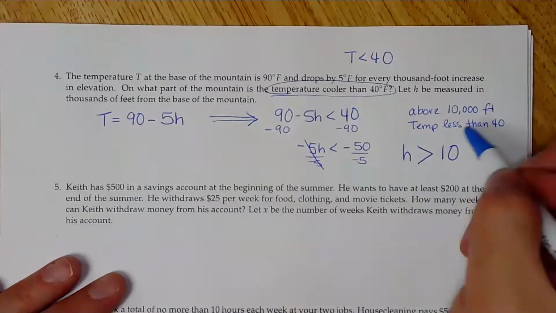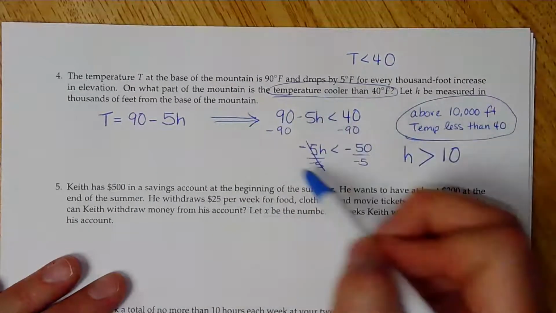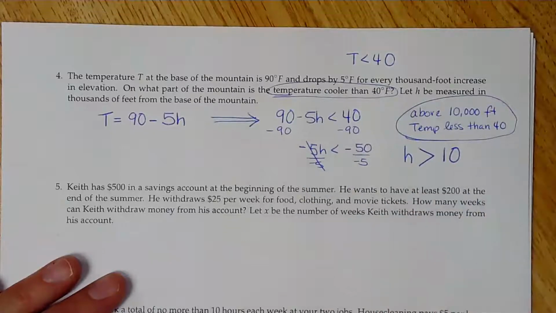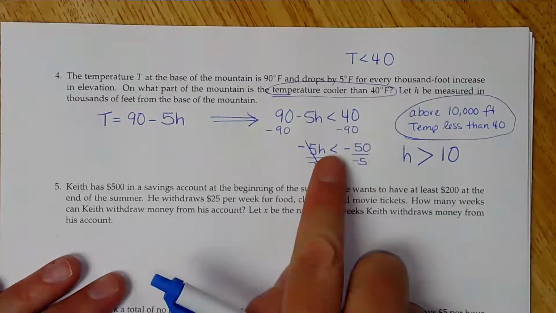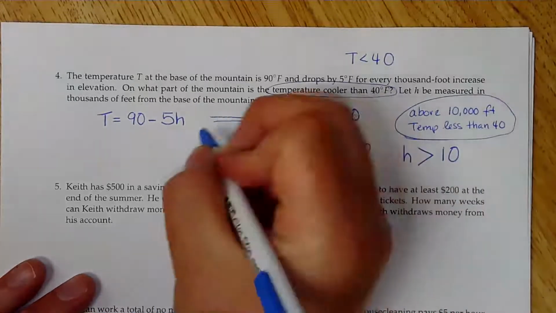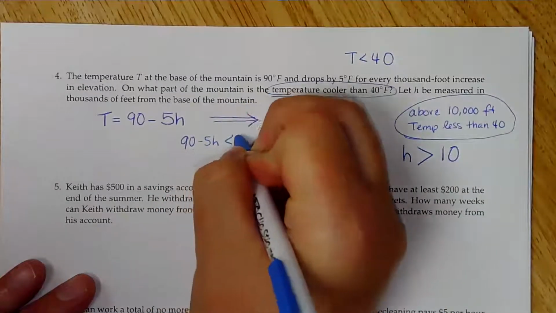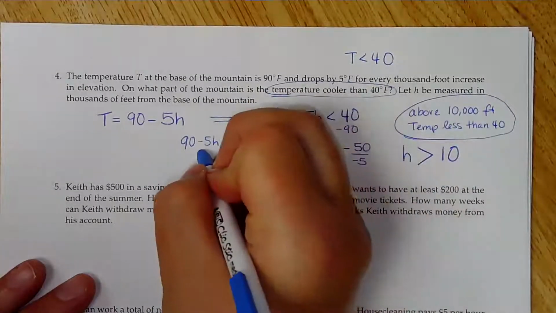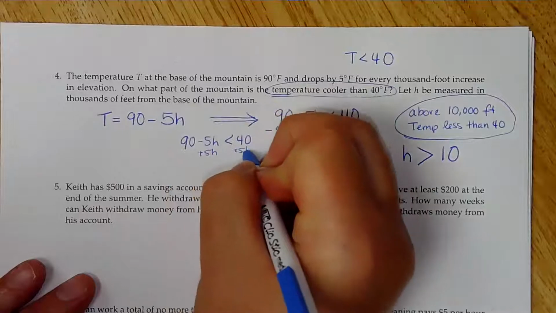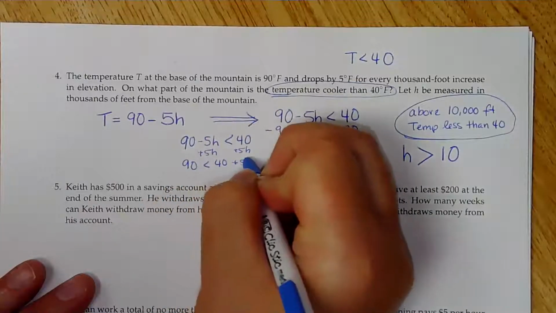Okay, so hopefully that makes some sense as an interpretation of the work that we just did here. You only need to flip the inequality sign if you're multiplying or dividing by a negative number. So if instead I had solved it a little bit differently, if I added 5H to both sides, that gives me 90 is less than 40 plus 5H.